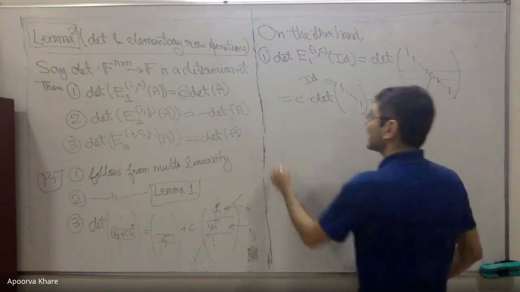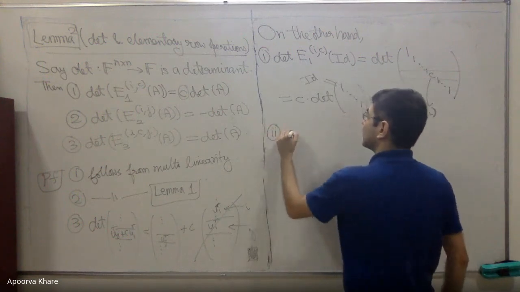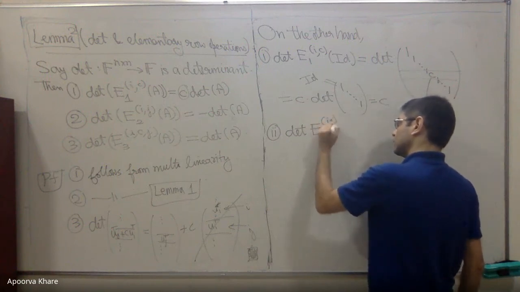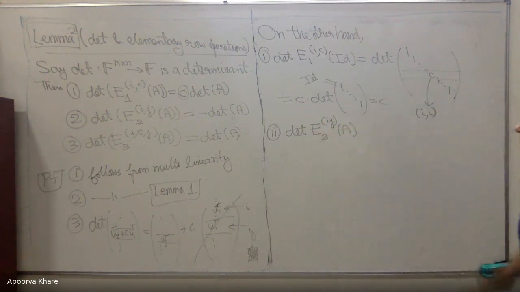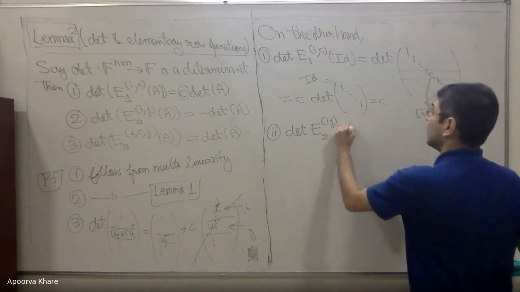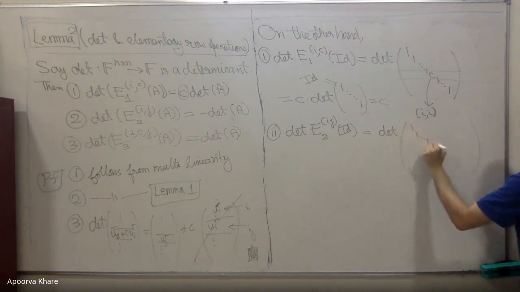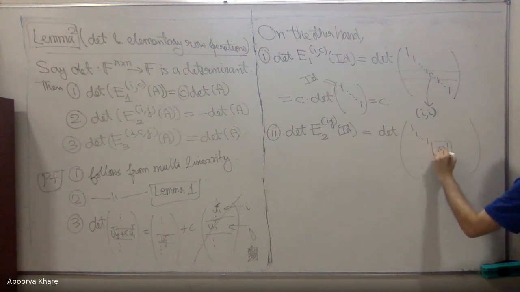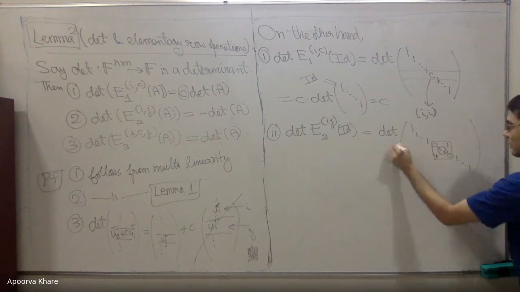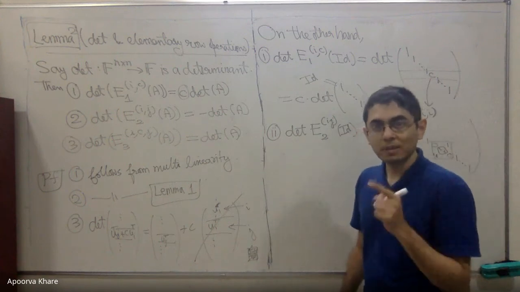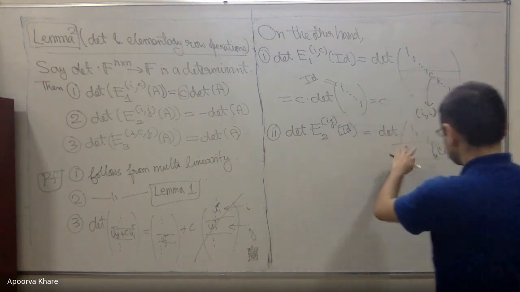Interesting, right? Second, similarly, the determinant of E2 of identity is the determinant of the matrix where everything is ones except for these two entries, so it's the identity with two rows swapped. And because my map is multilinear and alternating, I know that that of course gives you -1.